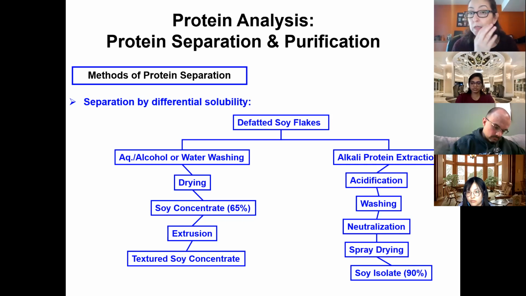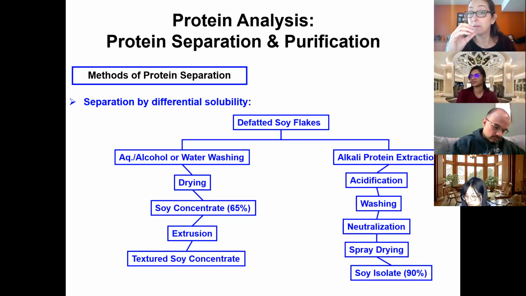Then you take the supernatant and now you acidify to the isoelectric point. And from there, you separate it from oligosaccharides, other sugars, the colorants, and you get a precipitate that is mostly protein. It has some salt associated with it.